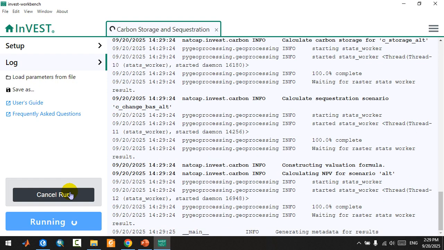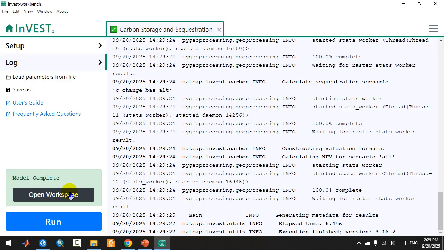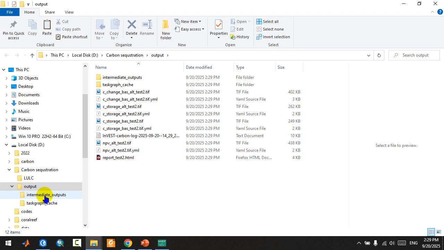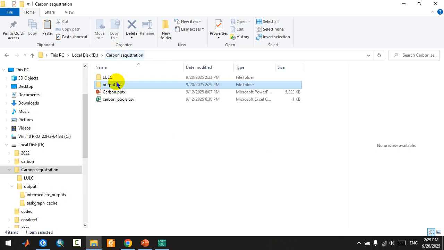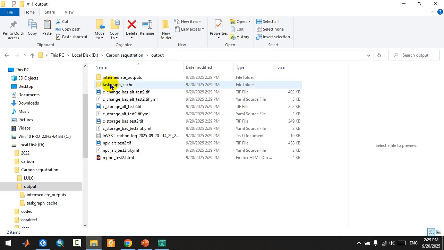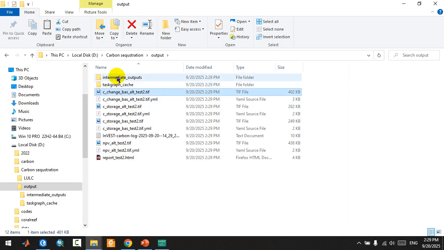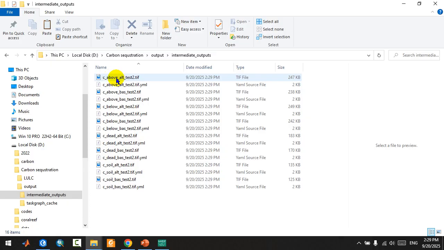I will wait. Yeah, the model is complete for carbon storage and sequestration. Open the workspace, carbon sequestration output folder. This is the output of carbon storage and sequestration by InVEST in TIF raster file format, with intermediate outputs.